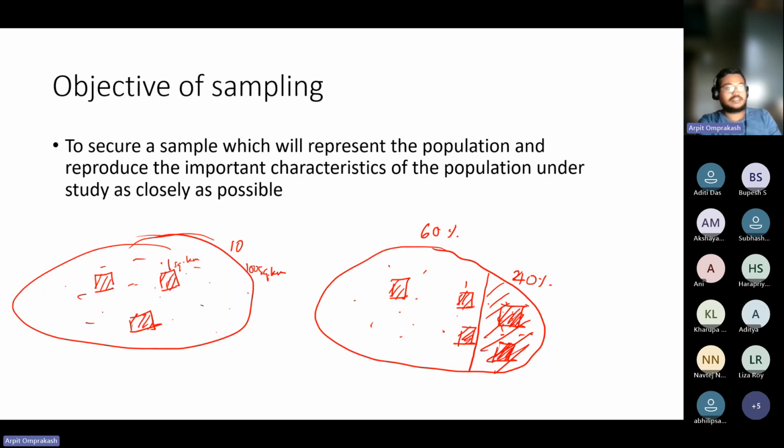In that case, we'll get a more representative sample, because our samples are distributed in a way that reflects how the population is distributed. So the sample is reproducing the important characteristics that are present in the population.